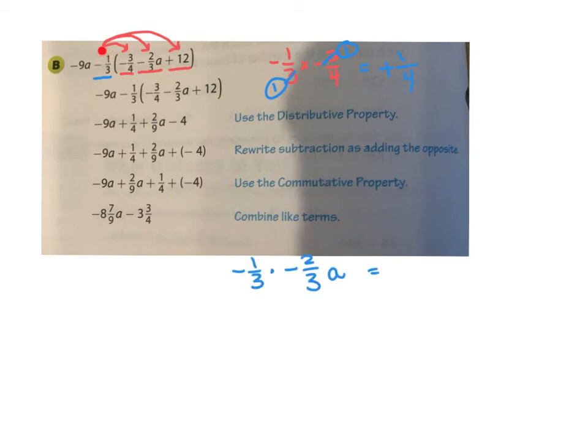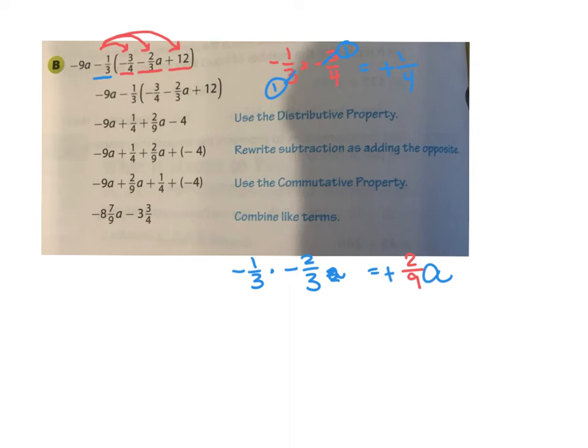That is this times this term here. And I don't have to worry about the a right now because I'm multiplying those together, so that's just going to carry over. And it's a negative times a negative, so it will be a positive. So now I just need to cross reduce if I can, and I cannot. Then multiply straight across. 1 times 2 is 2. 3 times 3 is 9. So I get a positive 2/9 a. That's where that came from there.